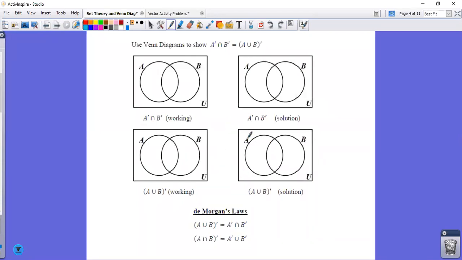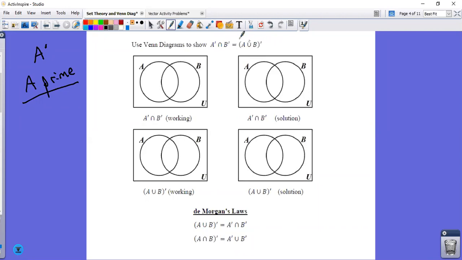So we talked about this yesterday, that A prime, oh, I didn't tell you that. Like this is A complement. A lot of people will say A prime. It's just a set notation term. So if you hear me say A prime, I'm talking about A complement. But A prime intersect B prime is the same as A union B prime, right?